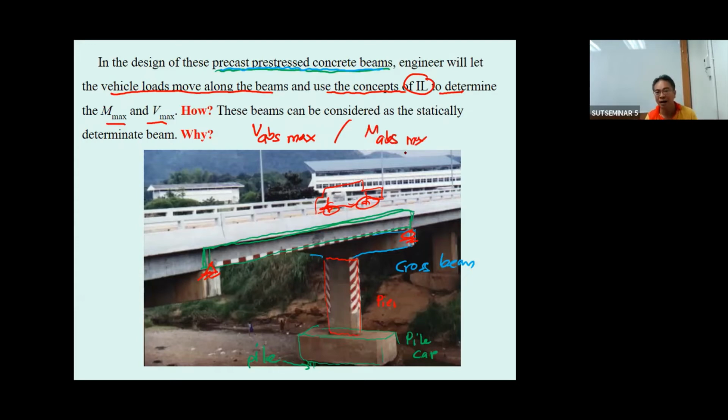Do you remember that? If not, go back and review it. We use this knowledge to analyze this kind of beam if you work for the Department of Highway in Thailand.